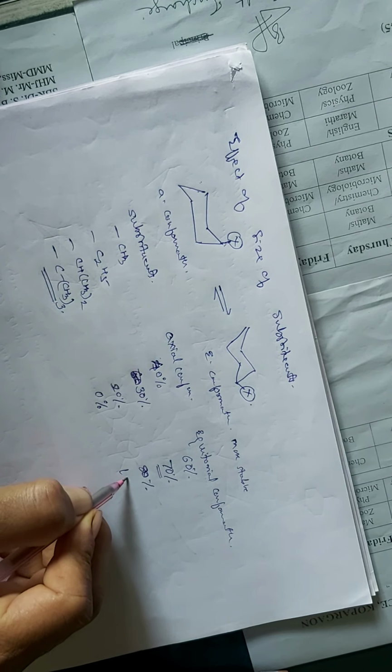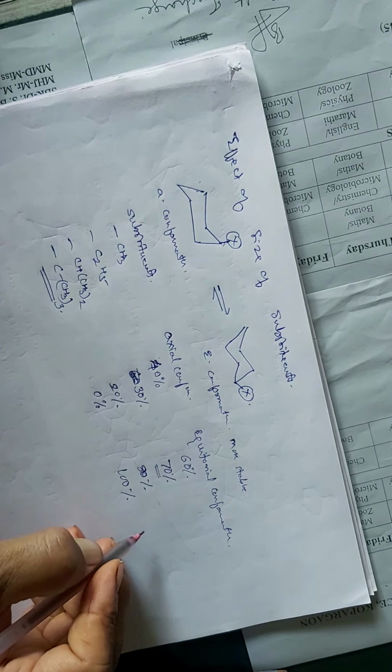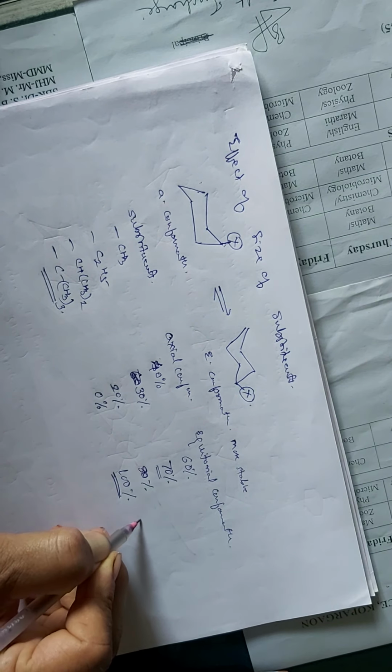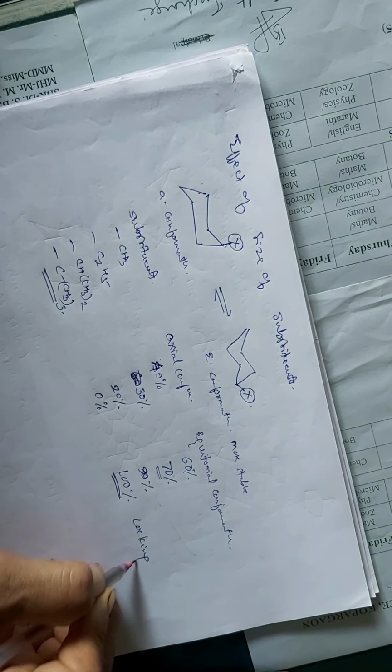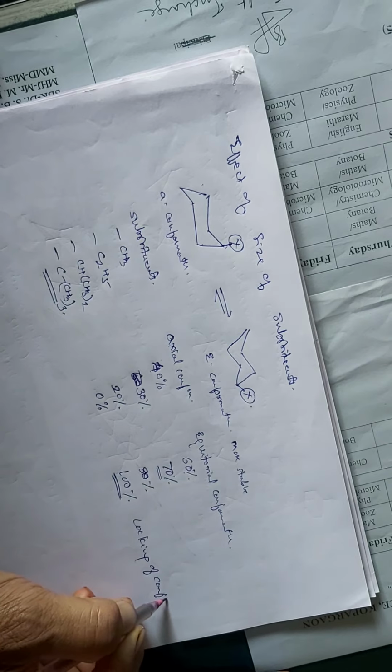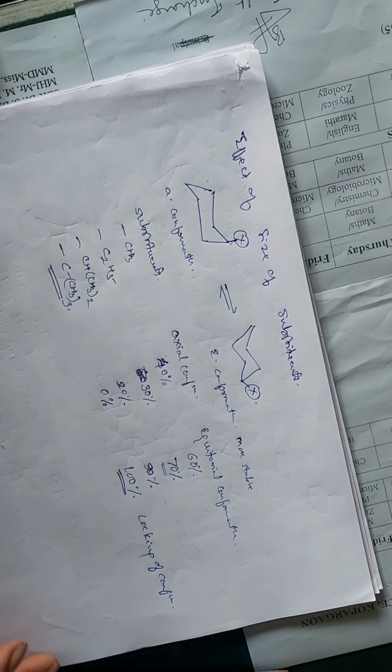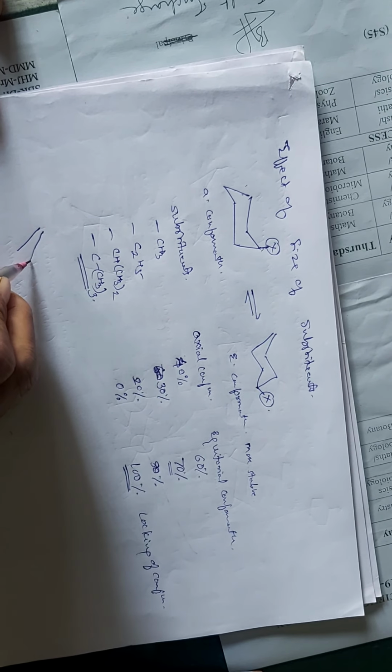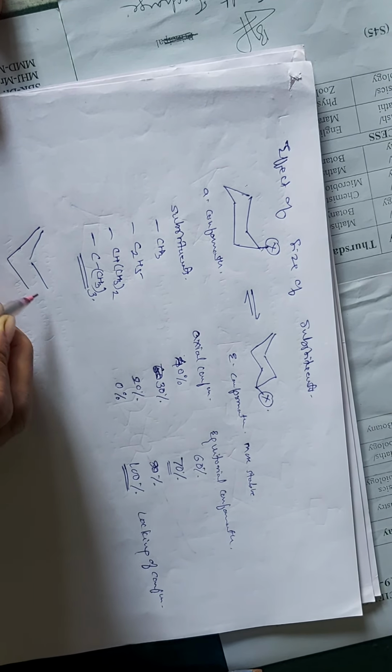It is 0% axial and 100% at the equatorial position, and such a type of conformation is called locking of conformation.